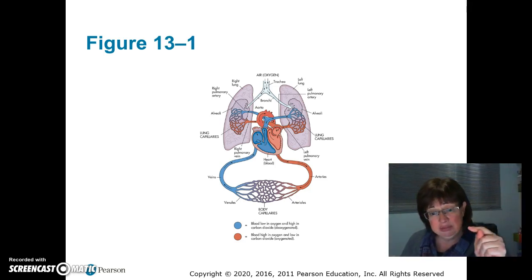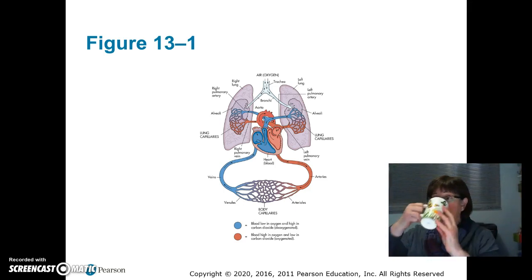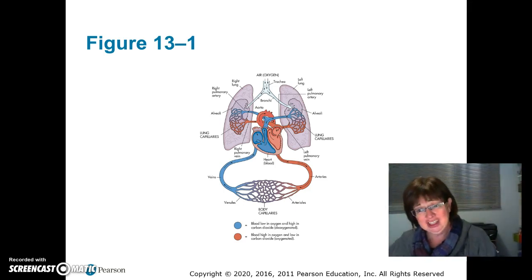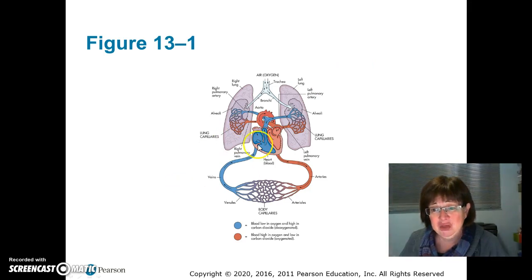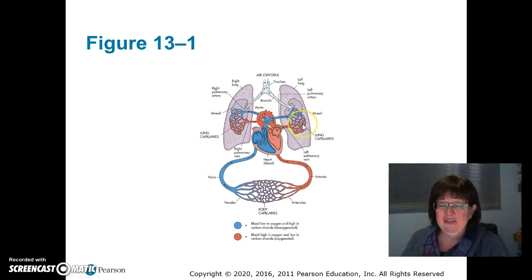In all but one circumstance, arteries carry oxygenated blood, but not the pulmonary arteries, because the blood is coming from the heart and going to the lungs, so it hasn't been oxygenated yet. So the pulmonary arteries are low oxygenation. Then veins are normally low oxygenation. But here you can see the pulmonary veins, or the veins go back towards the heart.